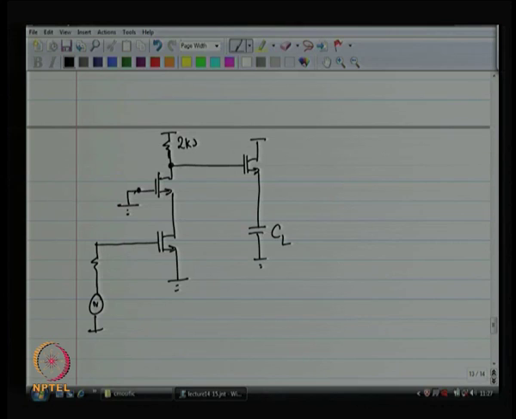So, we have got 2 kilo ohm here, 1 kilo ohm here, CL equal to 1 picofarad, and what are the different capacitors that we have?